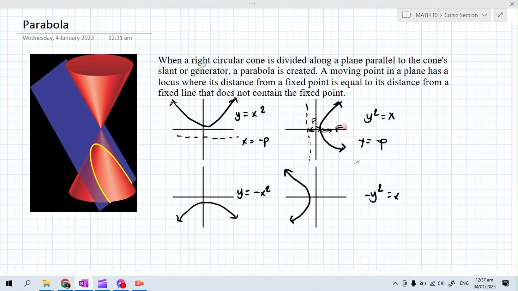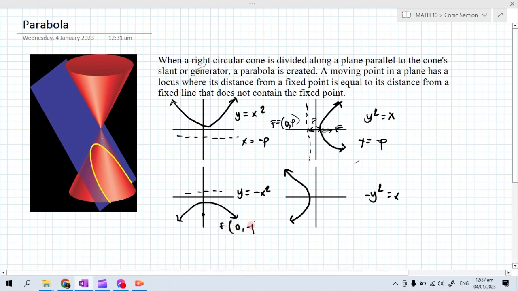So your focus for this scenario will be F equals (0, p). On this one, the focus is located here, so (0, negative p), and so on and so forth.